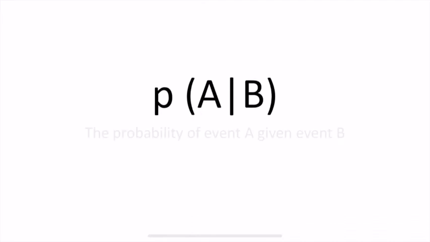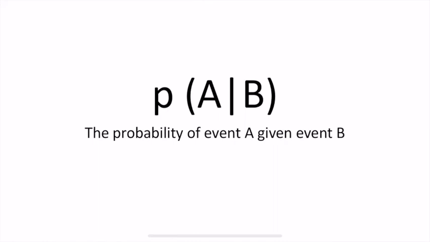So, Bayes' theorem is all about the probability of an event A given event B. It is conditional probability, right? A is conditional on B. The probability of A being true is conditional on the results from B. Okay, that's all we're talking about.